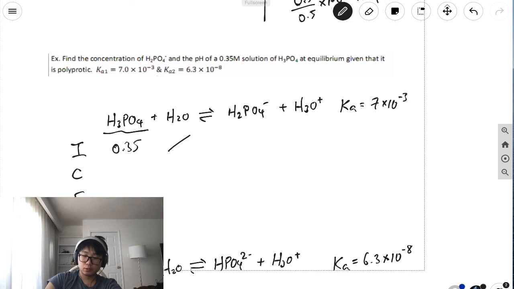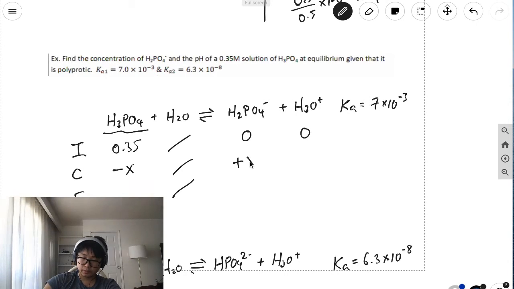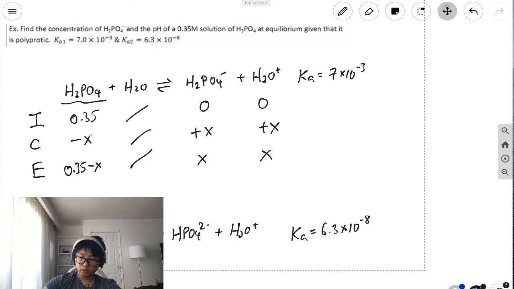Nothing, because it's liquid. H2PO4 minus is 0, and 0 for the hydronium as well. Then the change should be quick: minus x, plus x, plus x, just making sure it's balanced. So we have 0.35 minus x, and then x here and x here. Okay, we can go ahead and solve that.